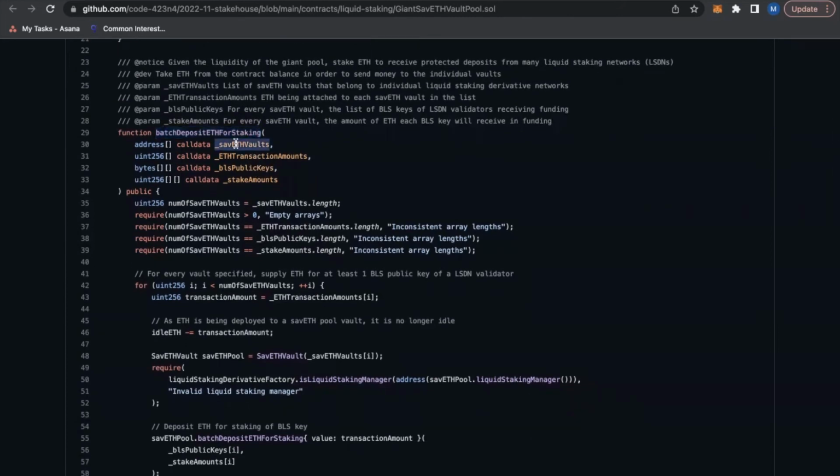He mentions the protected staking pool address for that liquid staking network, the ETH that needs to be sent to the pool, the BLS public keys that will receive the ETH, and the staking amount per BLS public key. This is a batch transaction, and the best thing is that in a single transaction you can fund multiple LSD networks and multiple BLS public keys all in one go.